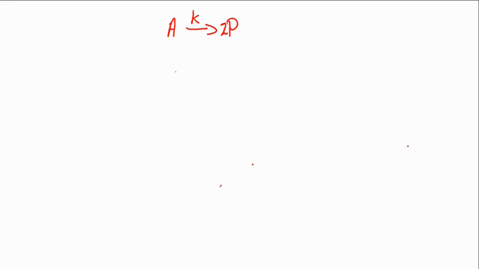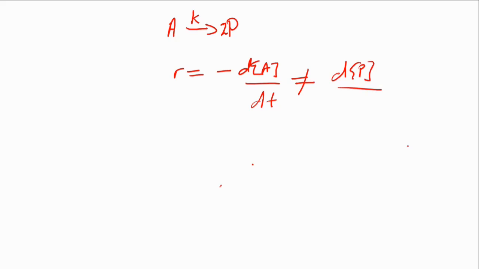Okay, now the rate is equal to decrease in the concentration of A with time. But guess what? Rate is not equal to just the increase in concentration of P with time.